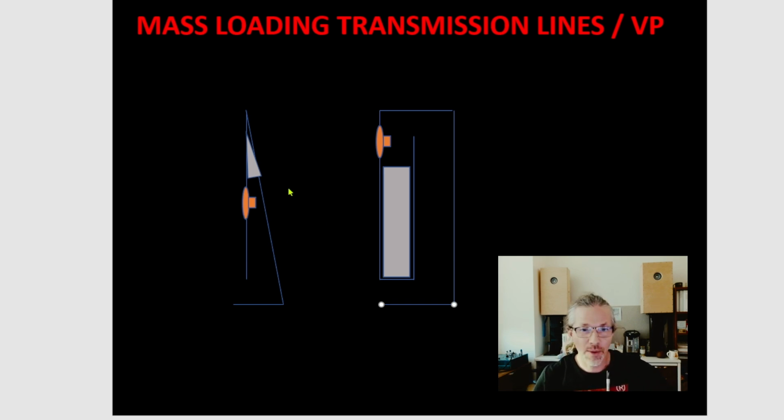This happens when your pipe is not stuffed. You can also add some stuffing to it as well, but then you must not air mass load it. So you must not close down the port, because if you are closing down the port size, then you are making it harder for the driver to drag that air column, and that's when the self-resonant frequency of the driver will come into play.